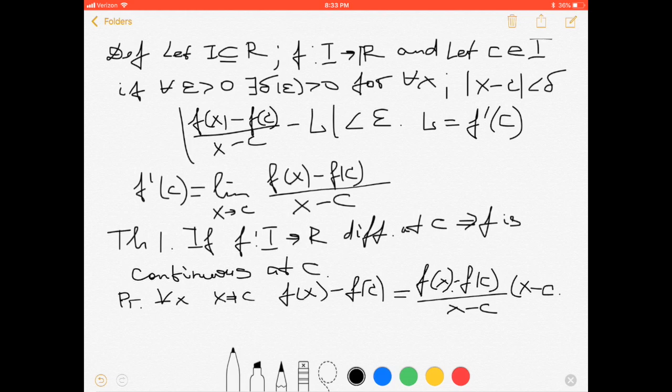It's true for any x not equal to c, which means any non-zero denominator.